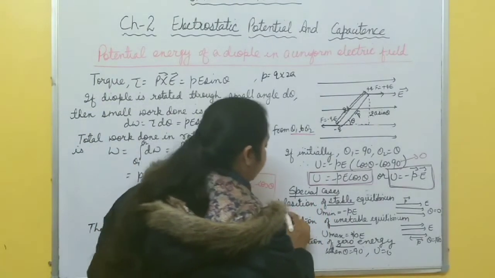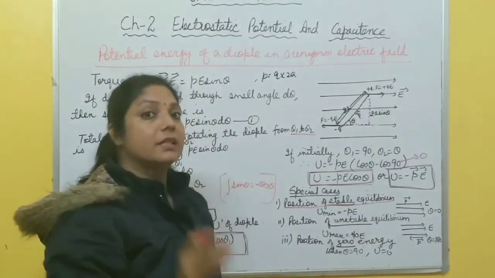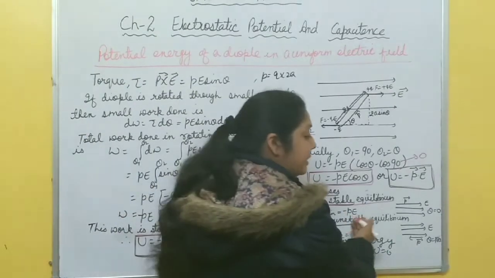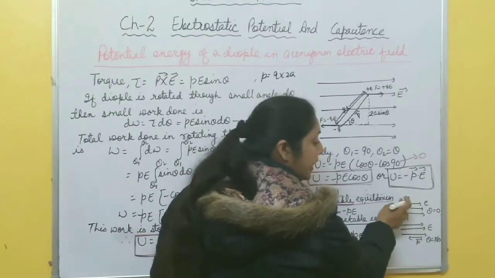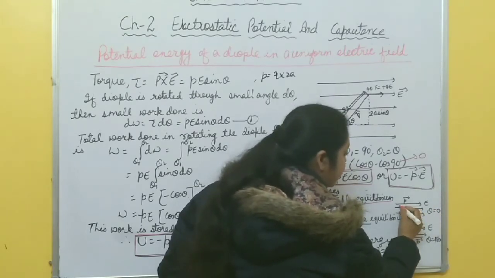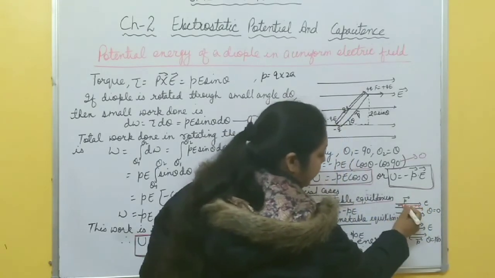First is the position of stable equilibrium. Stable equilibrium is when it has minimum potential energy, and that happens when both the electric field and the dipole moment are in the same direction, parallel to each other. Suppose this side is minus q charge and this side is plus q charge, and the dipole is placed like this.